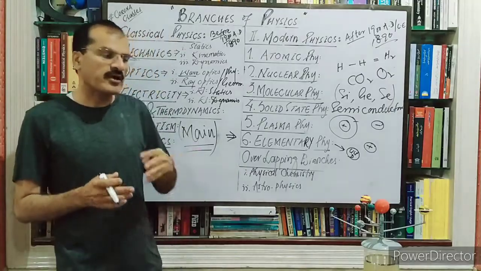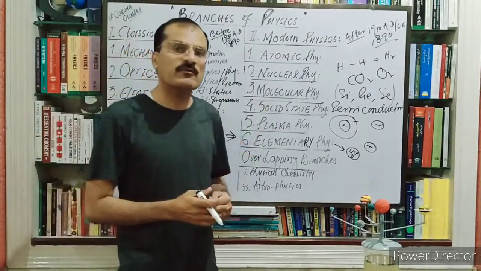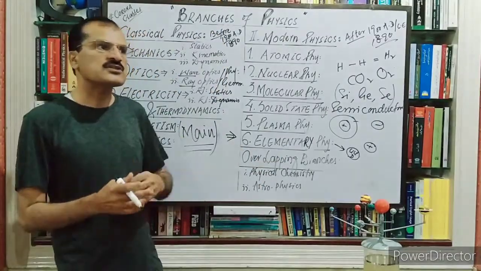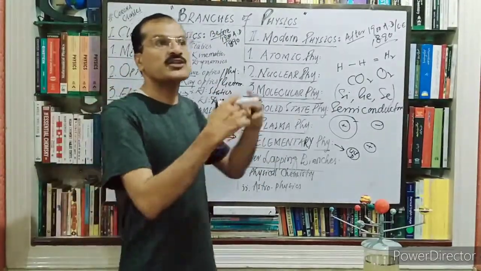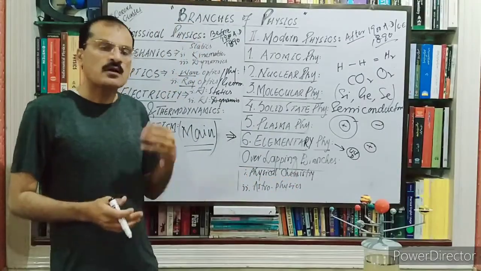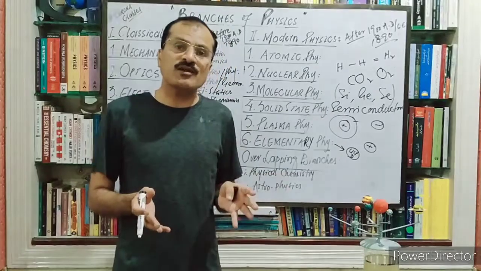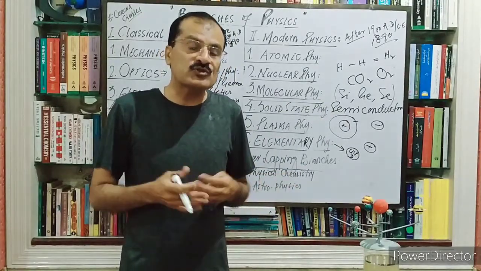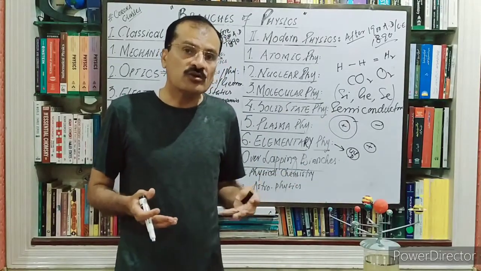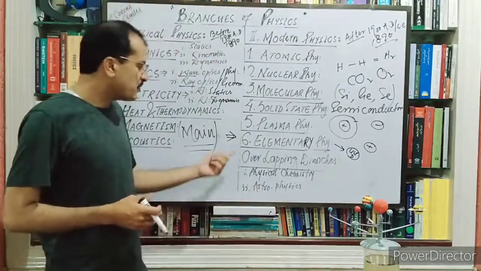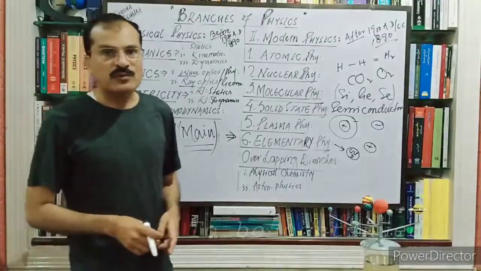Biophysics means whenever the laws of physics are applicable for the living things, that is biophysics. Laws of physics which are applicable in the geology, geophysics. Laws of physics which are applicable in the music world, that is musical physics. Oceanographic physics is there. So these are the overlapping branches. I think you will be cleared.